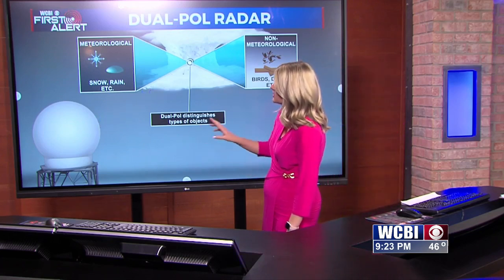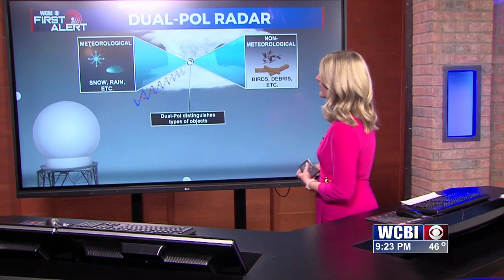Overall, the next point is going to be dual pole radar, and some of us may have heard this before. Dual pole stands for dual polarization. An example I have for this is those glasses that you use for fishing, where you put them on and you can see directly towards the bottom of a creek or something when you're fishing. It's kind of the same thing here for the radar. The radar sends two signals, a horizontal pulse and a vertical pulse, and that really helps us determine the shape and the size of the targets.